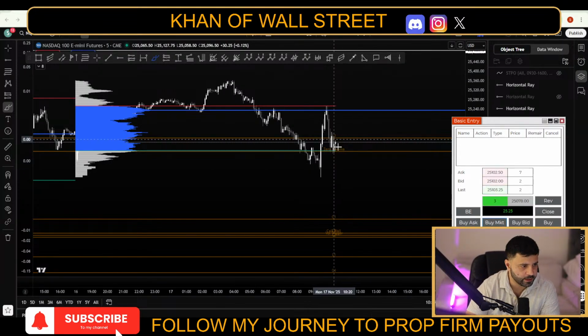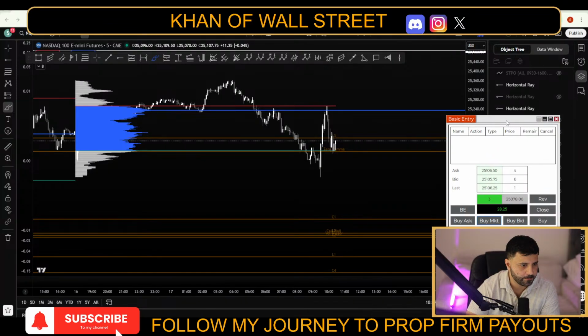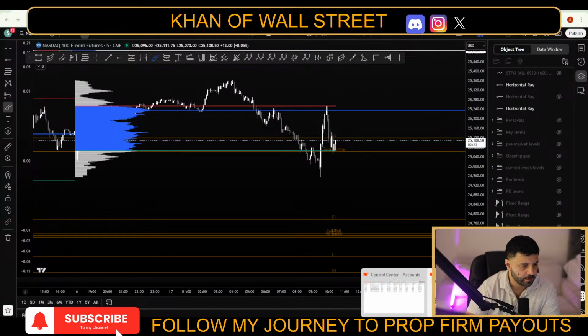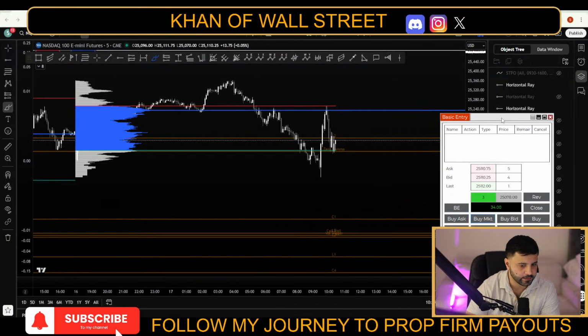If the next 5-minute candle goes back down here, I'm going to get out, break even, because I think then the value area low is probably not going to hold and they're going to go lower, because we've tested it 3-4 times now and it's supported. I think if they test it again, it's going to break, because the more you test a key support level, the weaker it gets.